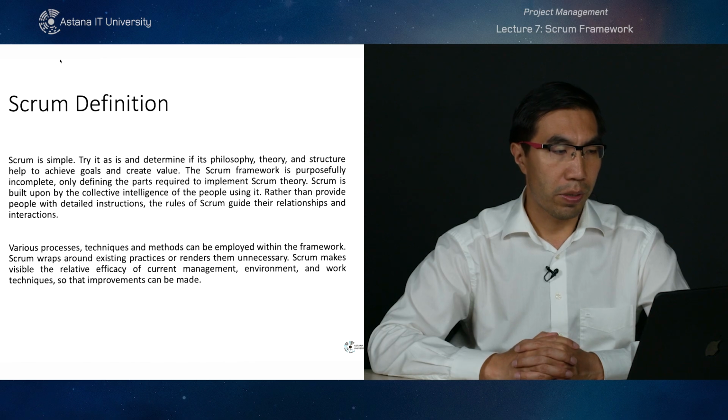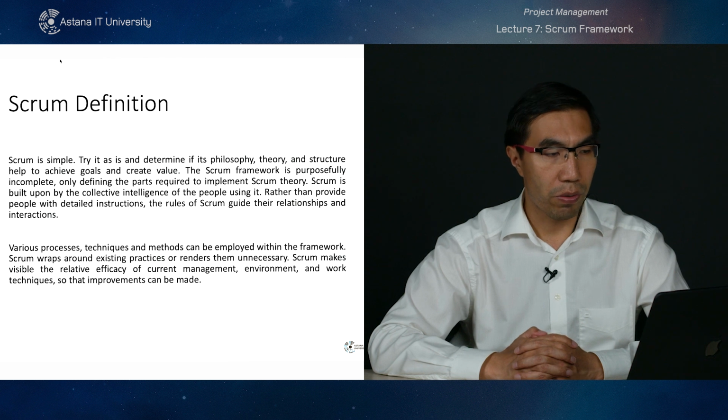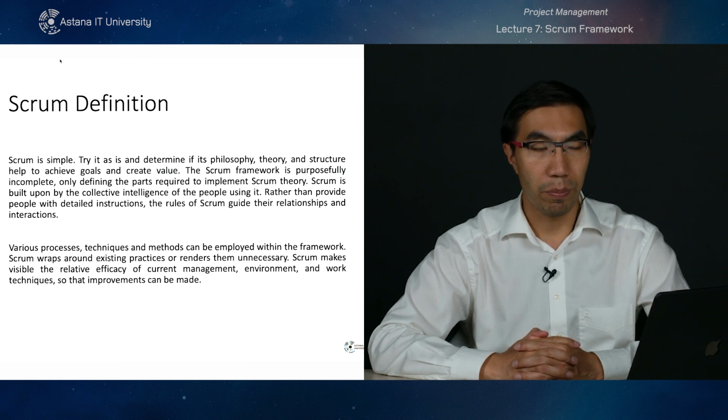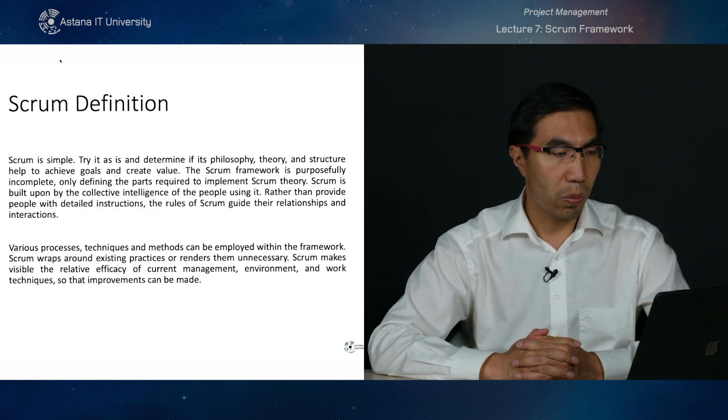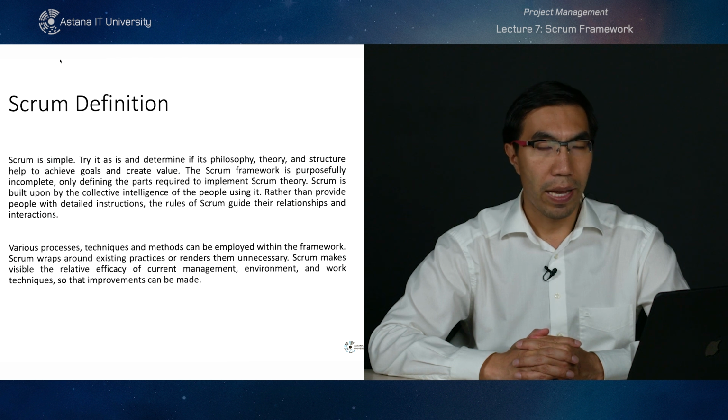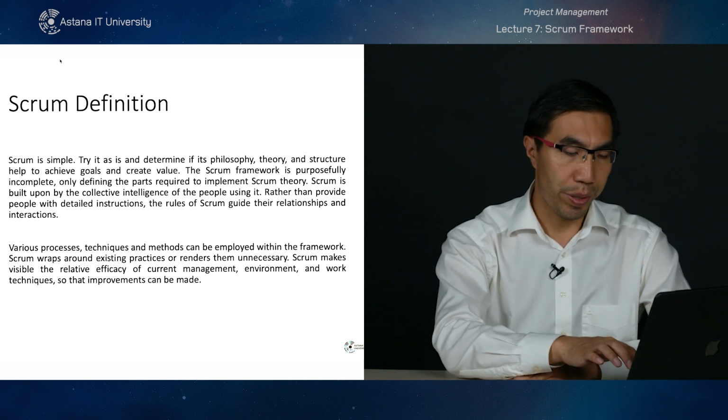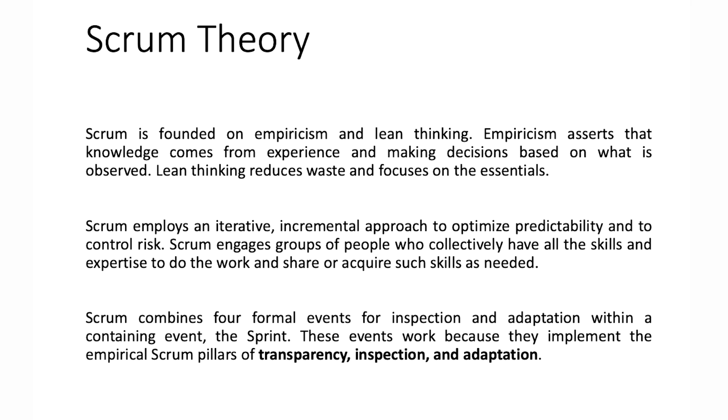And you can use the best practices for various processes, techniques, and methods. Scrum wraps around existing practices or renders them unnecessary. So Scrum makes visible the relative efficacy of current management, environment, and work techniques so that improvements can be made as you get more experience while using Scrum.